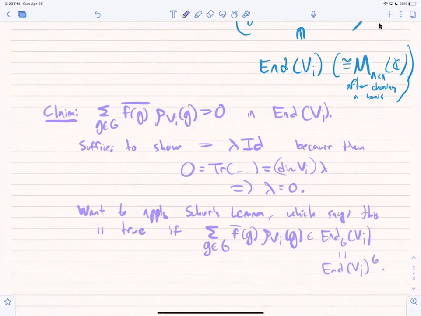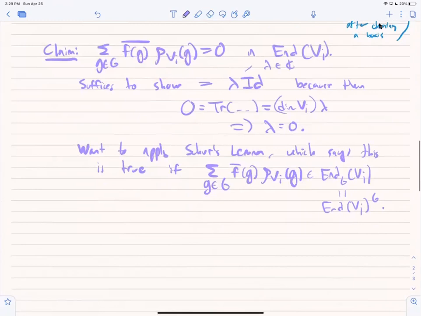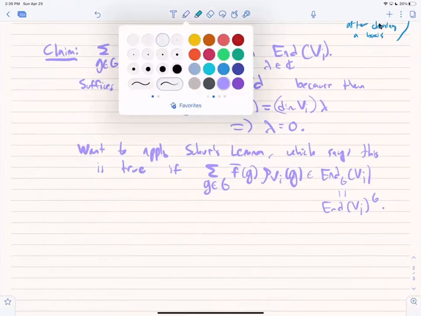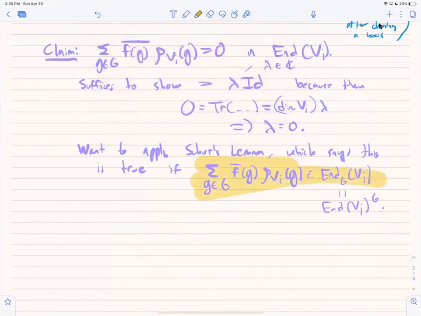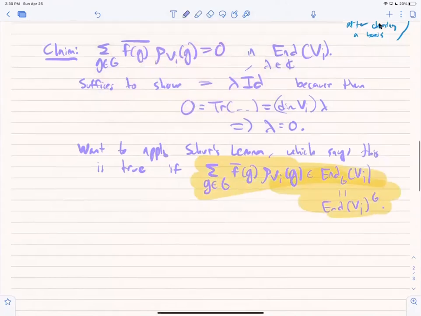So Schur's lemma tells you exactly that: for irreducible representations, their G-linear endomorphisms, their endomorphisms as representations of G, are just the scalar matrices. Okay, so we need to check this.